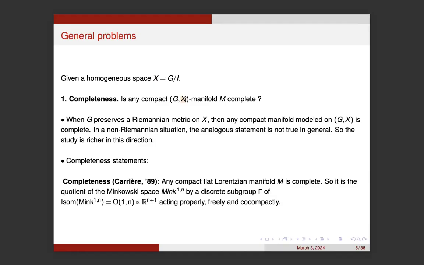The manifold is said to be geodesically complete if the geodesics are defined on R. In the case where G preserves a connection on X, and if X itself is geodesically complete, then completeness of a manifold locally isomorphic to X is equivalent to the geodesic completeness of M.